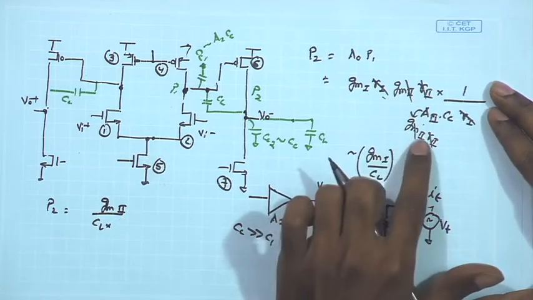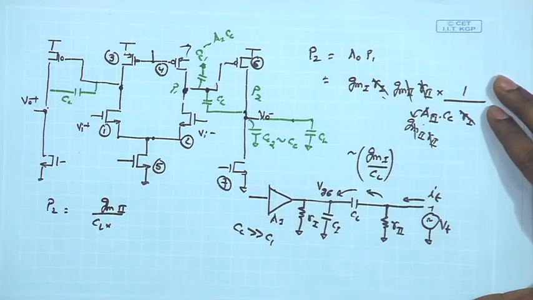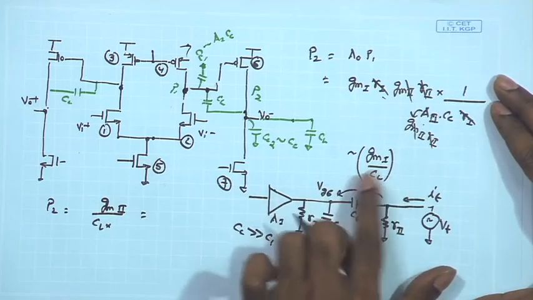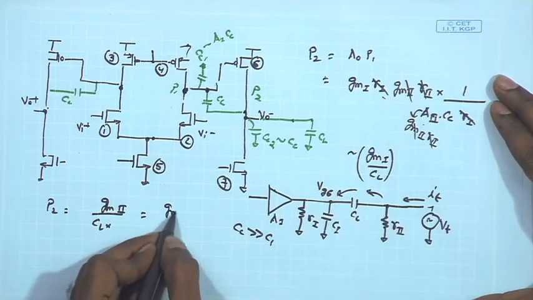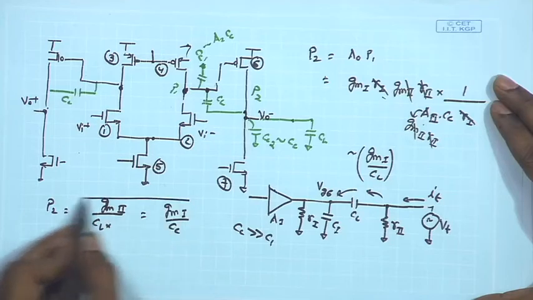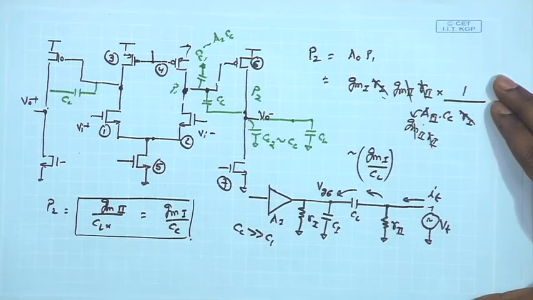So, in order to achieve 45-degree phase margin, we want to make this equal to the gain bandwidth product that we have just arrived at, which is our gm1 upon Cc. So, this is the relation we would like to obtain in order to have a 45-degree phase margin in this circuit.